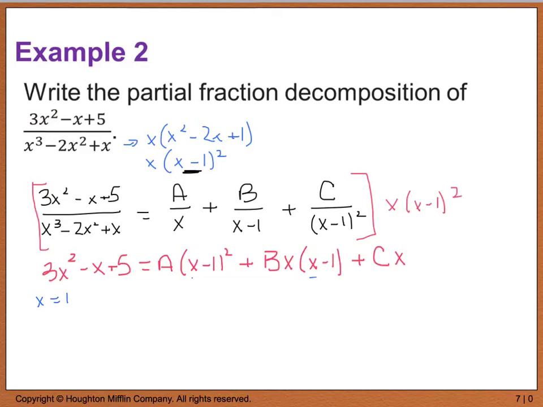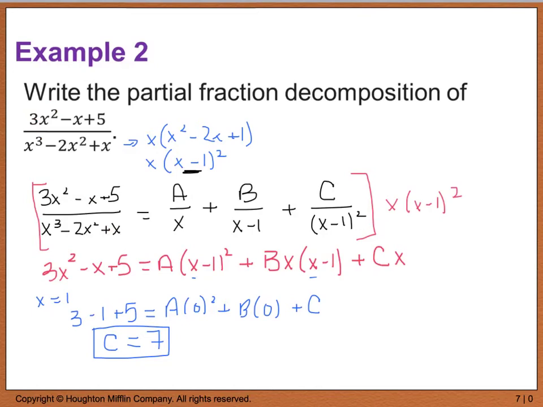So I end up with 3 minus 1 plus 5 equals A times 0 squared plus B times 0 plus C times 1, or C. So in other words, C is going to equal 3 minus 1, which is 2, plus 5, or 7. So I can go ahead and replace this C value with a 7.